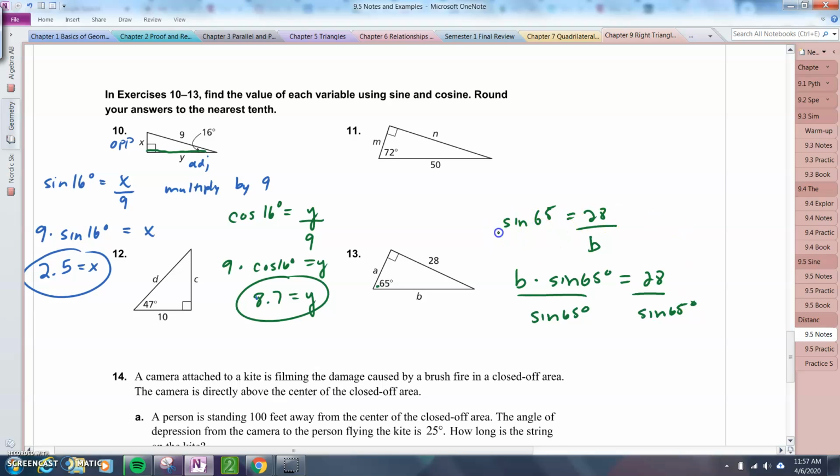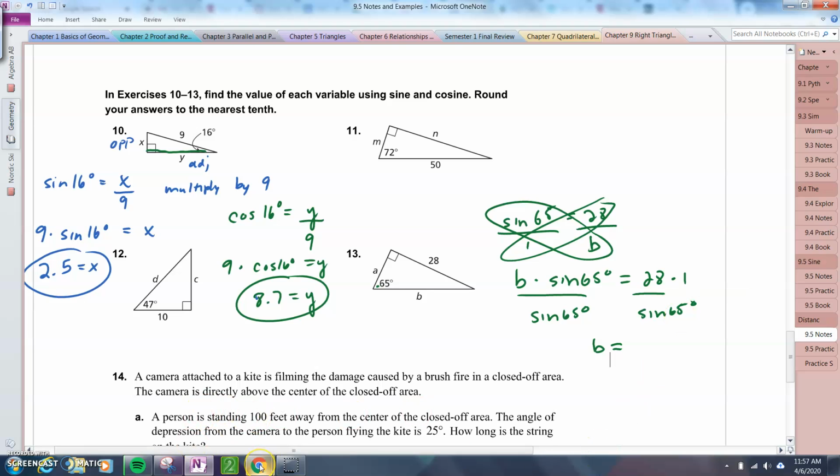Really this could just be over 1. So you kind of get this here, sine of 65 degrees times B, then 28 times 1 there. Again, that's that cross products property that we looked at in Chapter 8. So now the sine of 65 degrees cancels on the left side of the equation, and now you have 28 divided by the sine of 65.